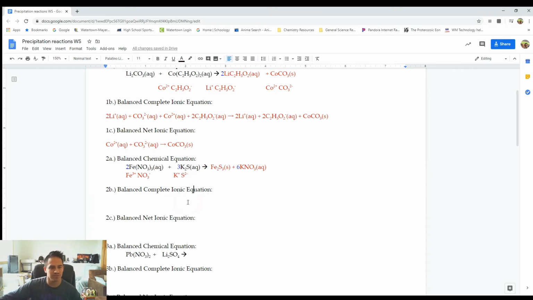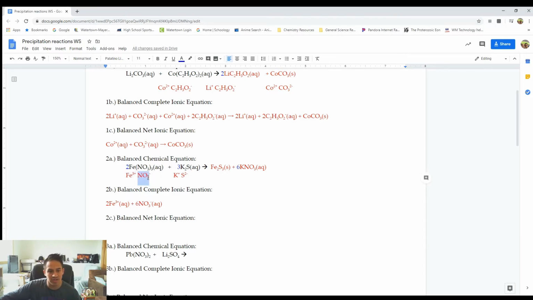There's our balanced equation. So now let's write our complete ionic equation. Again, anything that's aqueous, we're going to write as separate ions. So we have 2 Fe3+ ions that are bonded with 6 NO3- ions. Okay, now again, just to make sure we understand, there are 3 ions here times 2 there. That gives us a total of 6 of them.